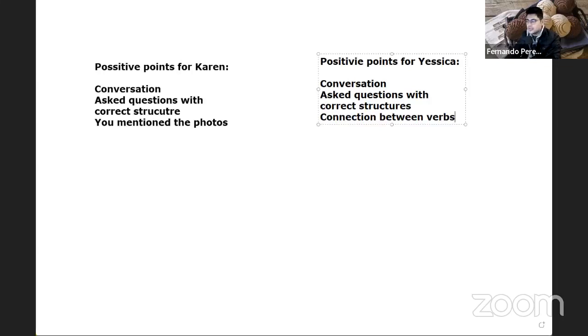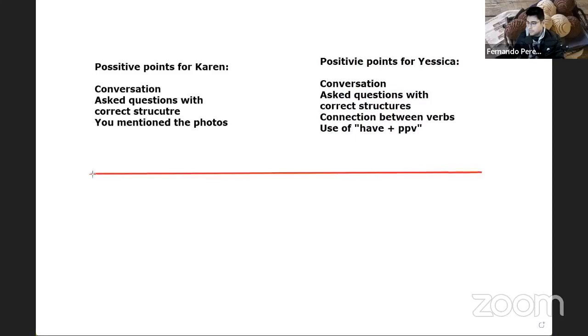You also try to use have plus past participle, which is very, very important to expand your speech in a very complex way. The areas of opportunity are as follow. For Karen, there was one point when you said, I have a different pictures.